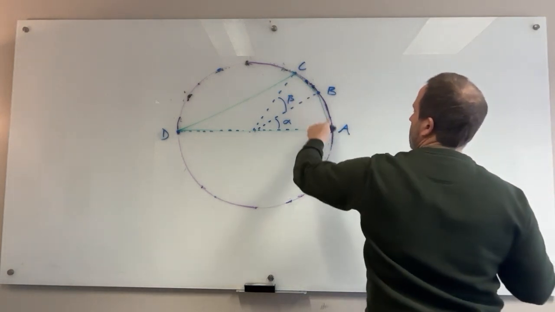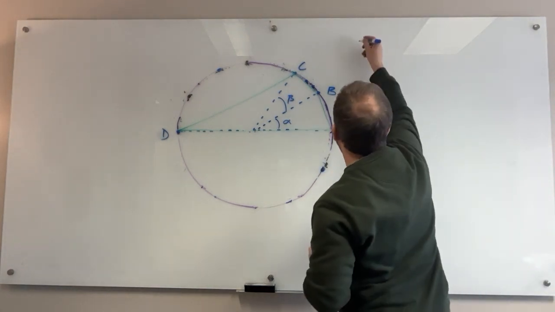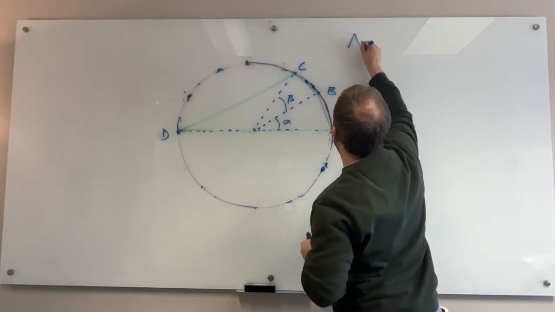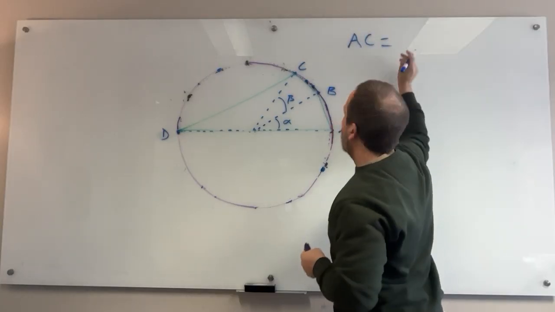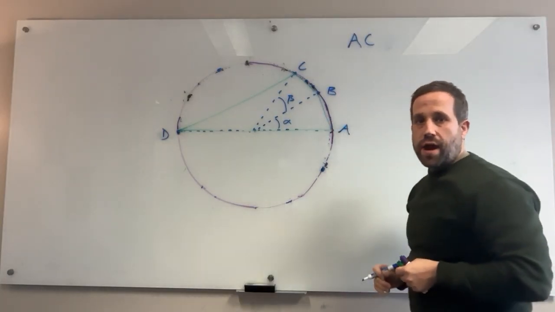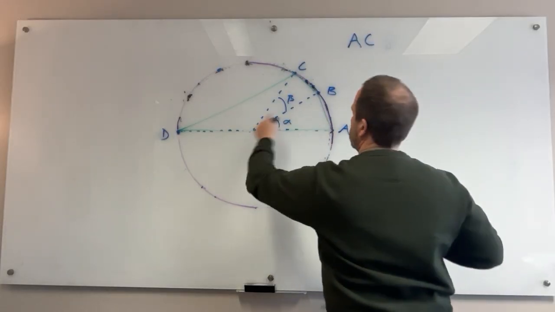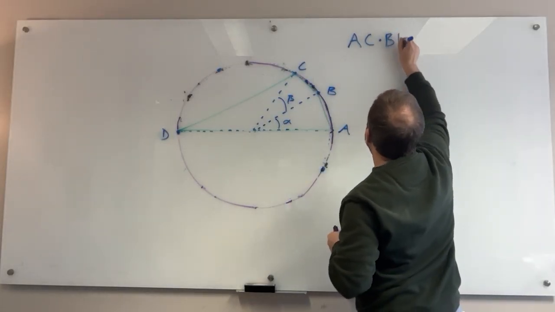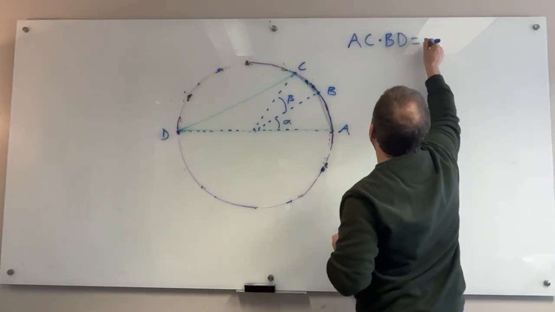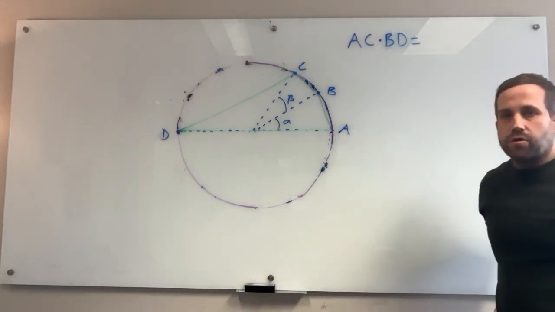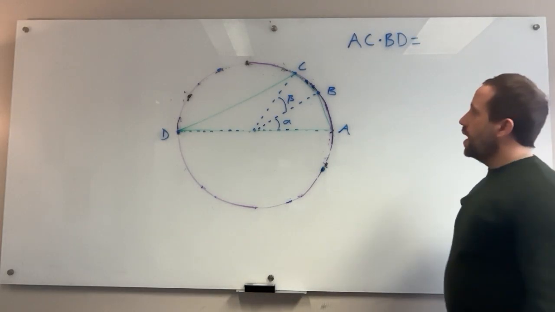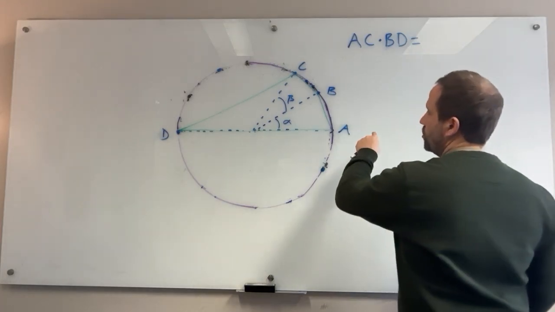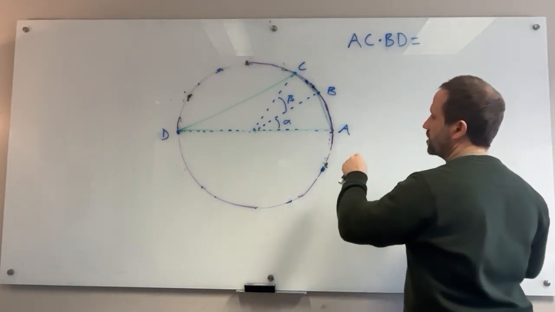But A to C, that's one diagonal. So by Ptolemy's theorem, we know AC times the other diagonal, so that's going to be BD. I'm going to try to have the line segments here listed in alphabetical order. And then this is going to be equal to the products of the opposite sides.